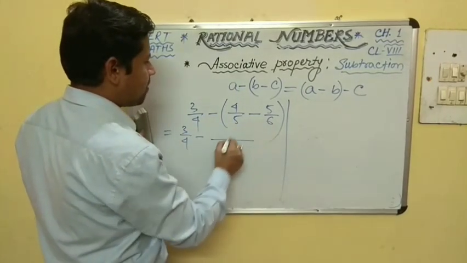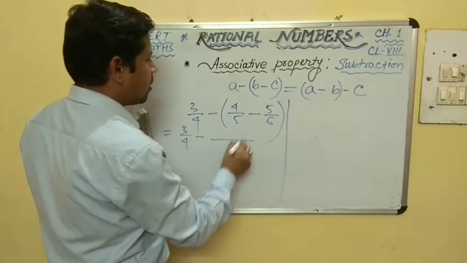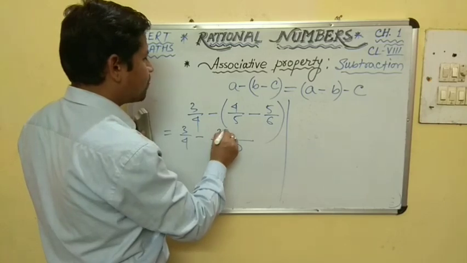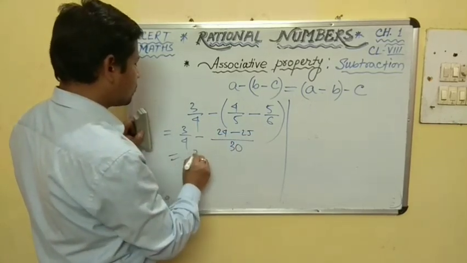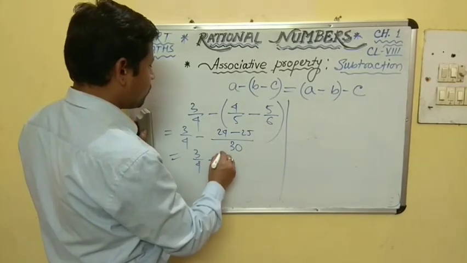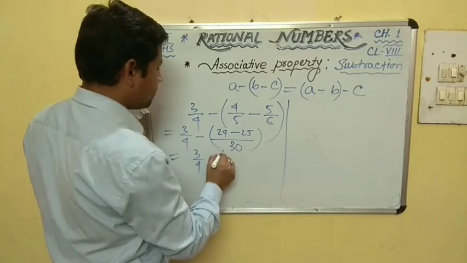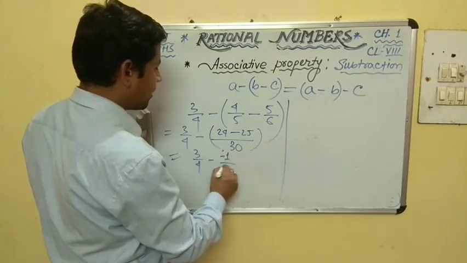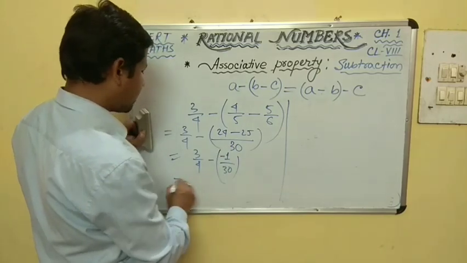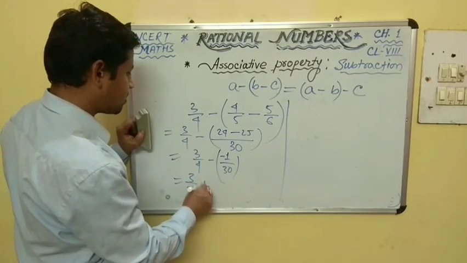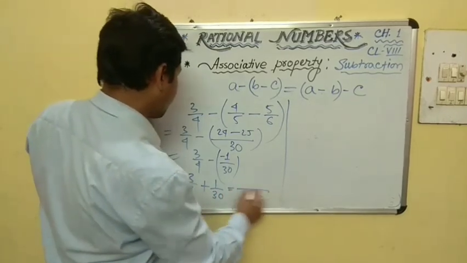The LCM of 5 and 6 is 30. 4 sixes are 24 minus 25 is equal to 3 upon 4 minus 1 by 30. The result is giving this, and after that 3 by 4 minus 1 by 30 is equal to 4 and 30.